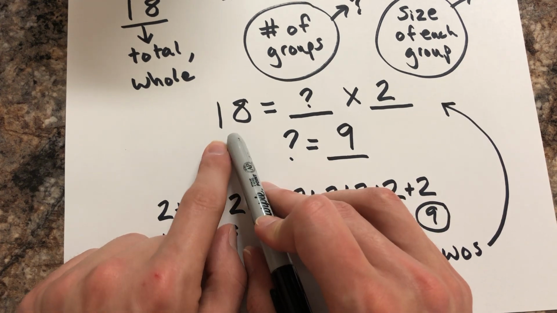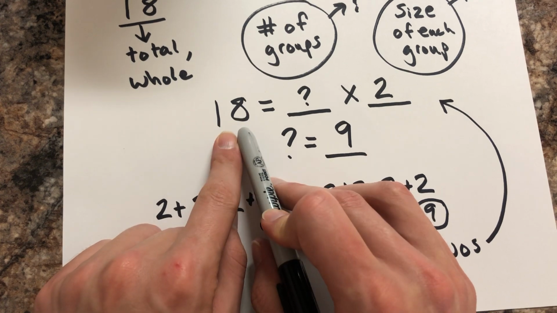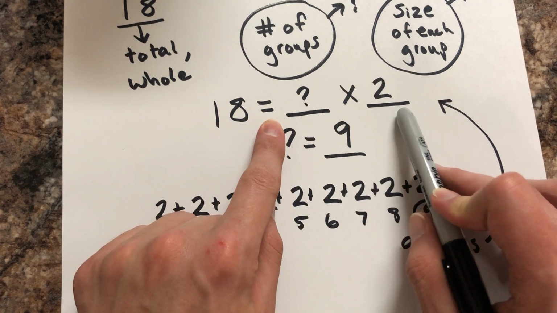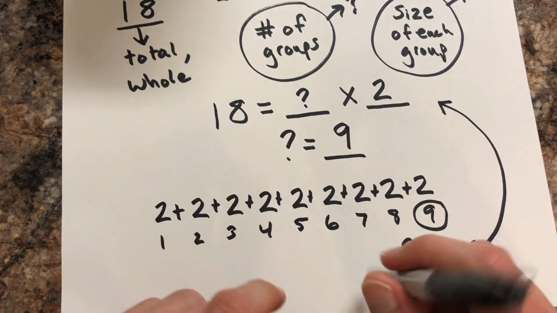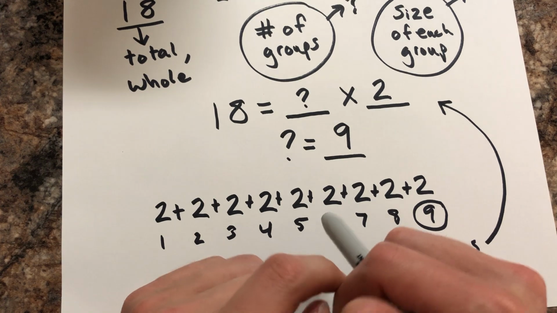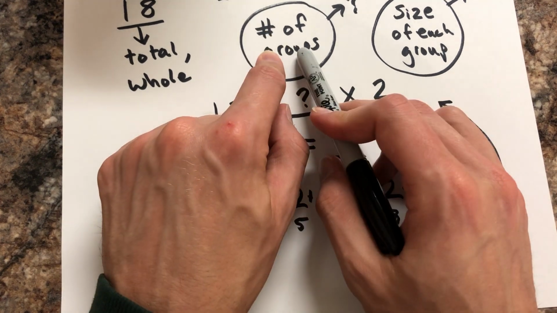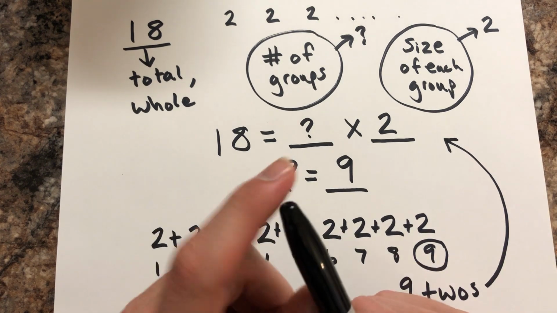In the exit ticket, you'll want to make sure that you're writing it as the whole thing is the same as the multiplication sentence, but you'll want to put a question mark for what the missing factor is, okay? Is the missing factor the number of groups, or is the missing factor the size of the group? You'll need to decide that on your own.